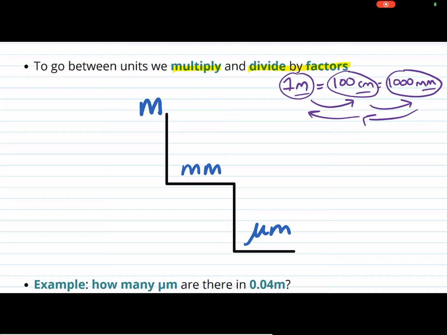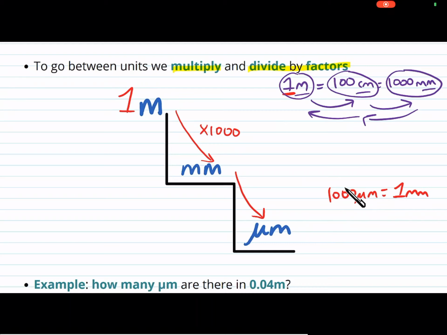So what we need to do, if you're going from meters to millimeters, you have to times this by 1,000, because there's always 1,000 millimeters in a meter. So if you had 1 meter, you would turn this into millimeters by timesing by 1,000, and you would get 1,000 millimeters. If you then go down from millimeters to micrometers, there are 1,000 micrometers in 1 millimeter.